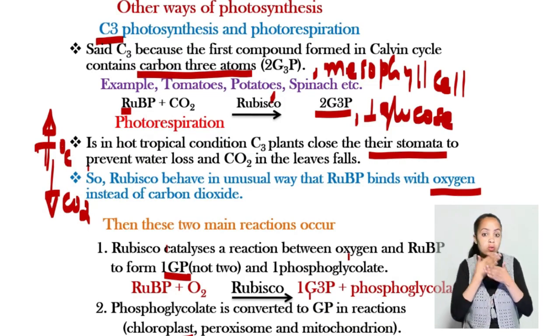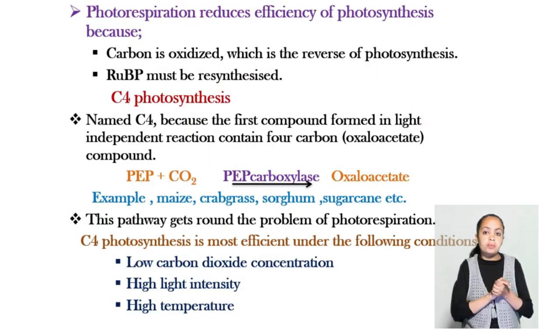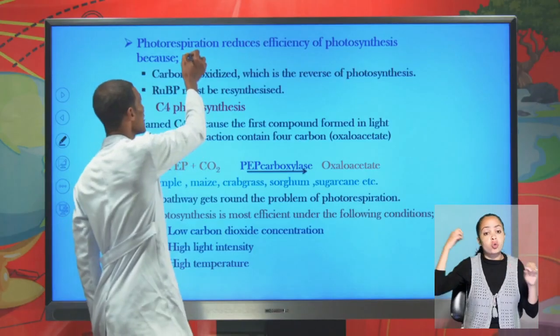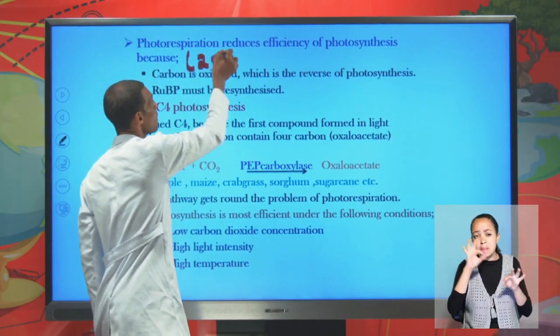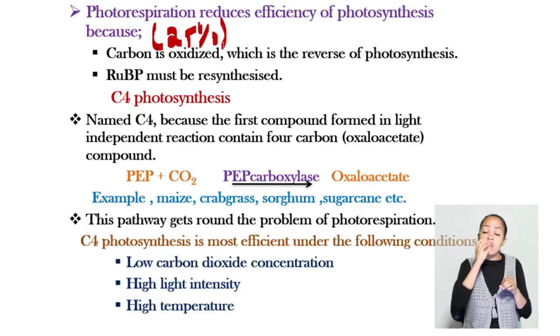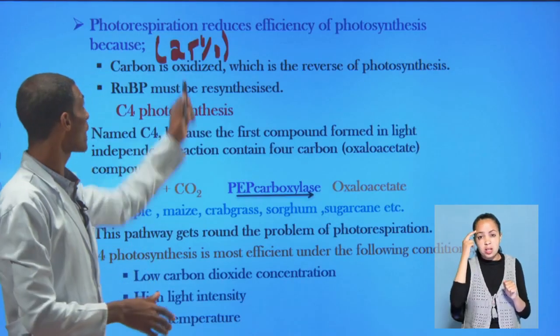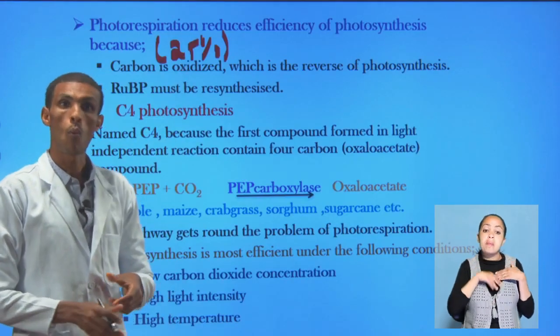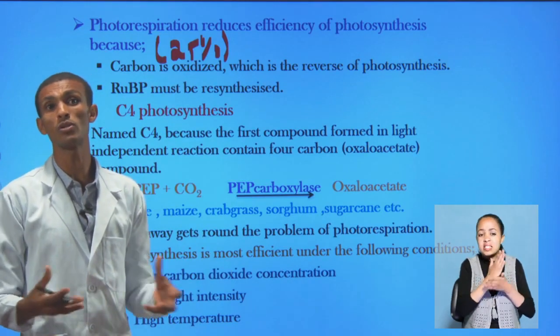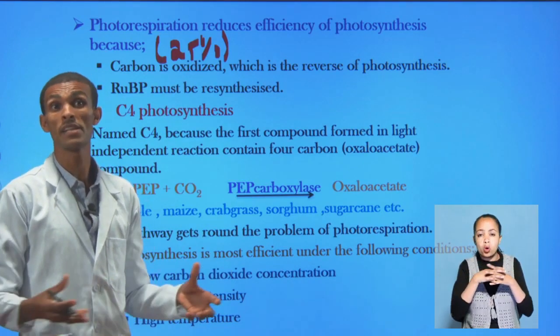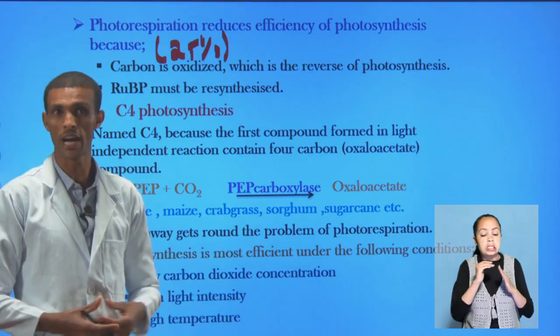Well done. So photorespiration reduces the efficiency of photosynthesis by about 25% compared to other plants, because of the following two reasons. Photorespiration, by the way, when a certain compound reacts with oxygen, doesn't mean that it is a reduction reaction.